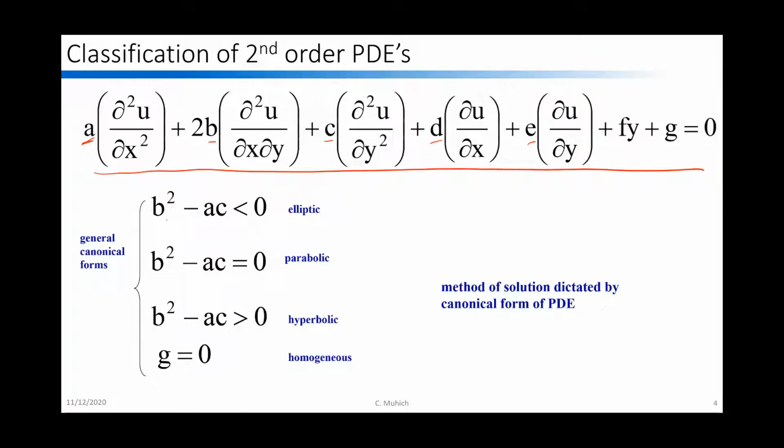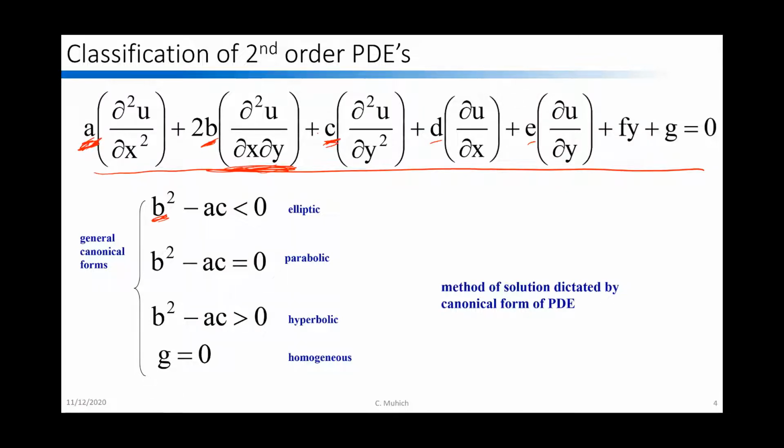An elliptical term would be where this b squared term, the cross second derivative, minus the product of a and c is less than 0. In other words, this cross second derivative is going to be less in magnitude than the weights given to the single dependent variable second derivatives.